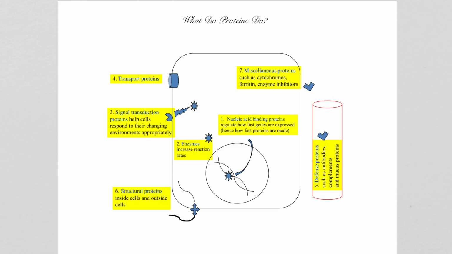So in future videos, we shall come across many different examples of proteins and their functions and what happens if that protein is missing or is defective. So this is a very important area for the healthcare professional, and that is the topic of proteins and their functions.